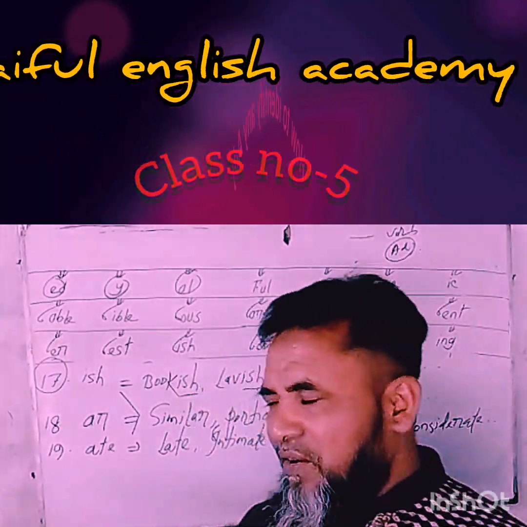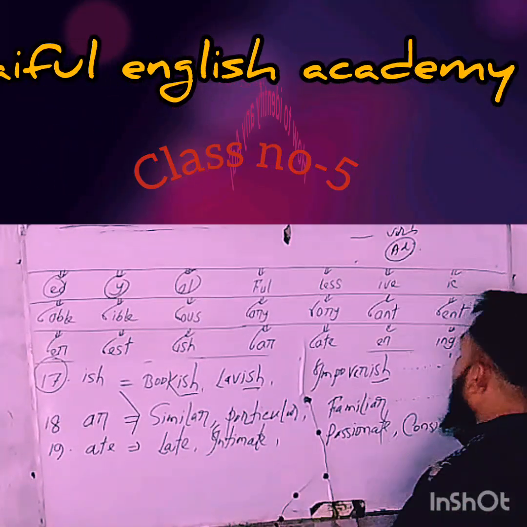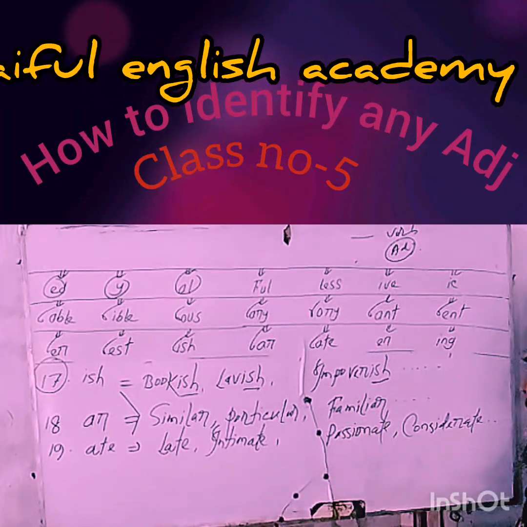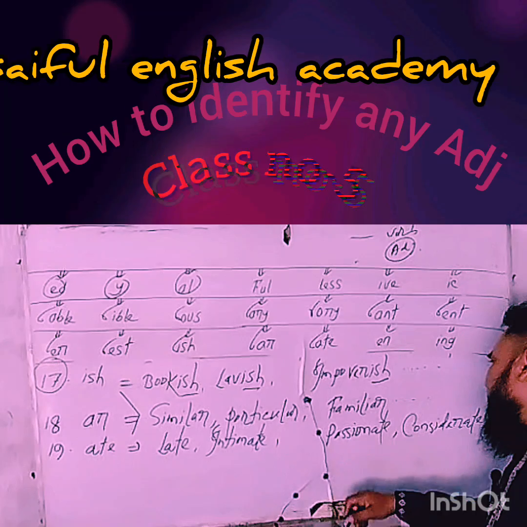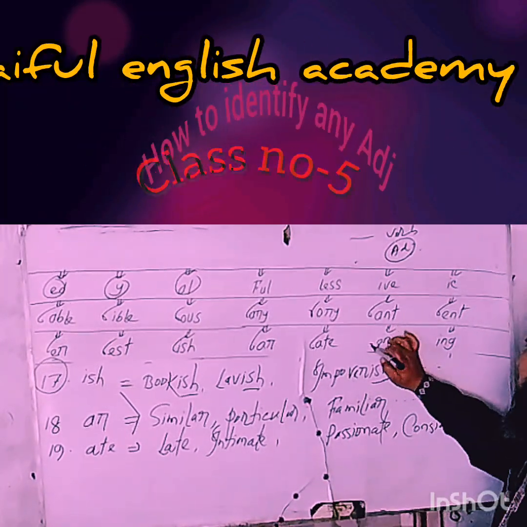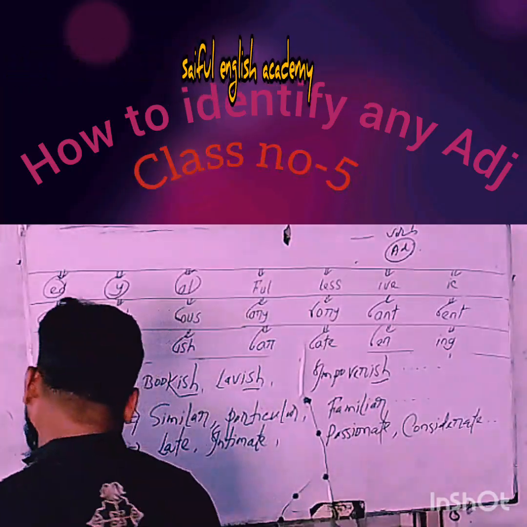Various kinds of examples may be given with reference to this structure, but I'm trying to use only some examples such as intimate, passionate, considerate. Hope that you have understood clearly.